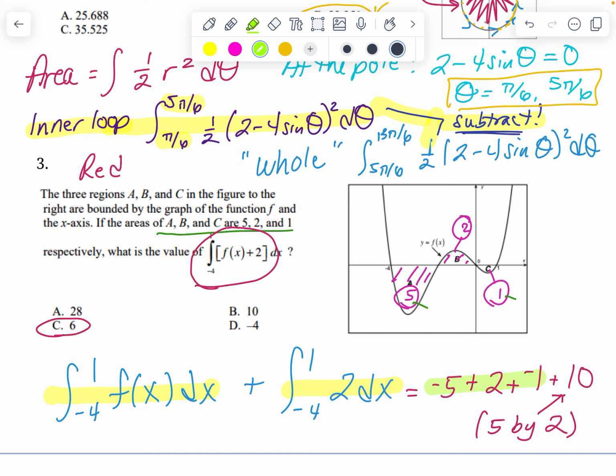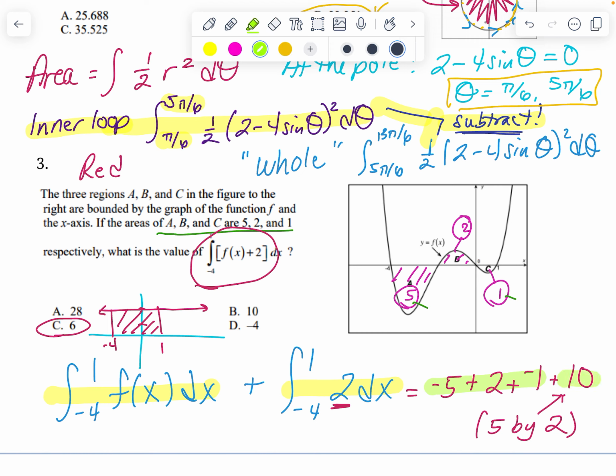And then for this last part, I just thought about this graphically and said, well, if I had the function y equals 2, here are my axes, here's 2 units above, okay, y equals 2, because that's my integrand, and then I was going from -4 to +1, that would give me a rectangle with width 5 and height 2. And so that would give me an area under the curve that is equivalent to 10.